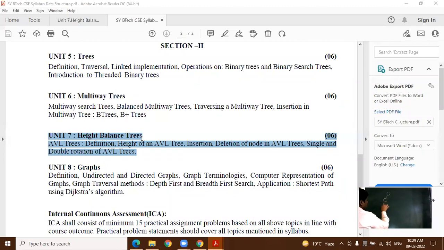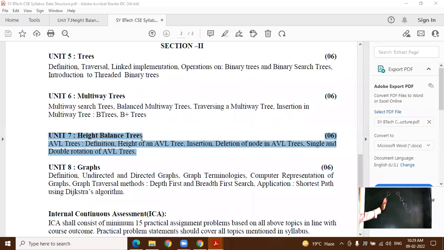So this type of tree is called a left skew or right skew? Left skew. And this one is right skew. Now, is this tree balanced or unbalanced?